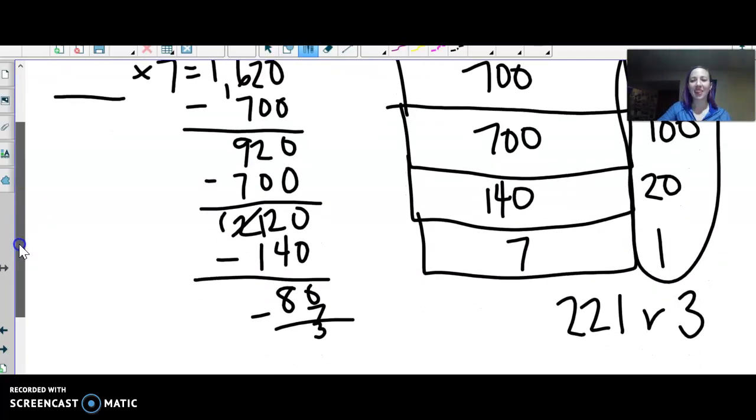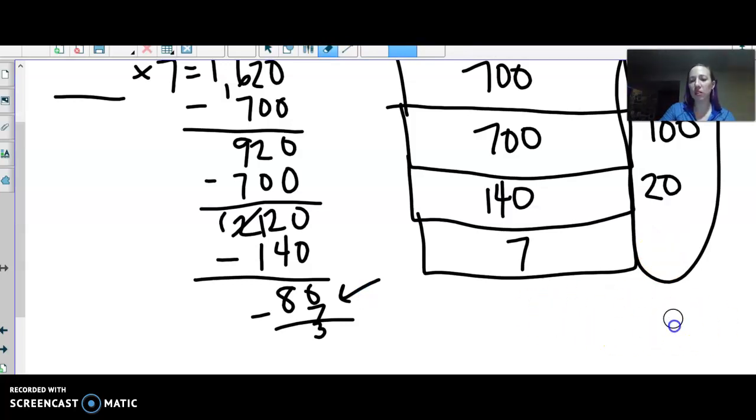Oh, I know why. Look at what I did here. I did 80 minus 7 equals 3. That is not true. So let me back up a second, show you what I did wrong. Instead of doing this one group here, I should really have done another 10 groups to get 70. So when I subtract 70, I'll still have 10.